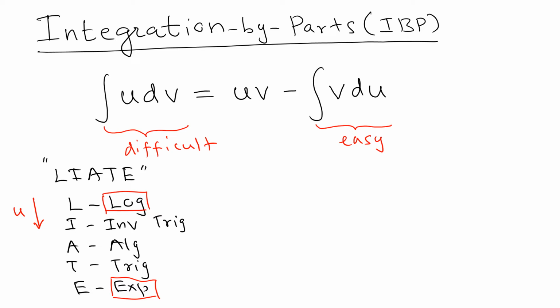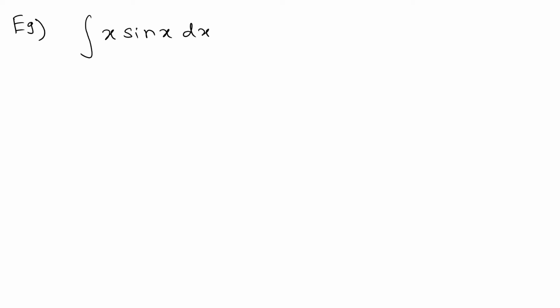Let's look at the first example. As the first one, we have x sin x dx. According to LIATE, you can clearly see that algebraic expressions come before the trig functions. So the first one we're going to pick as u, and the next one is the dv term. That's how we pick u and dv.